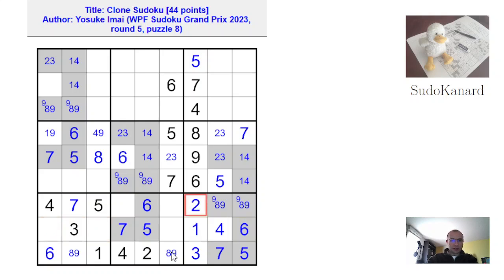So that's a 1, that's a 2. So those contain a 2, and this can only be 8 or 9. So we get an 8-9 pair here, and this is a 1-3 pair. This is 2 or 9, or 8 or 9. And this here can only be a 2 through the column.